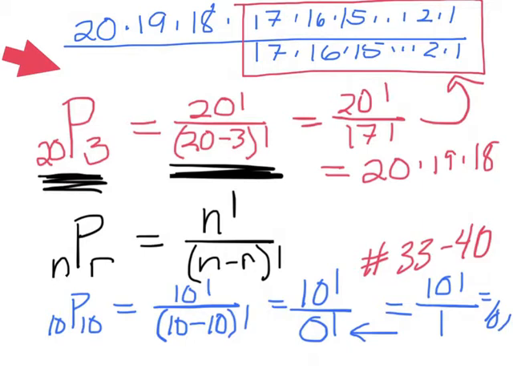So you want to keep that in mind, that 0 factorial is always equal to 1. It's not 0. If you're really interested, I'll look up where that comes from mathematically and I'll show it to you.